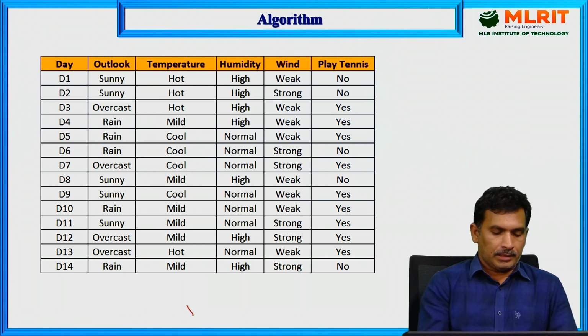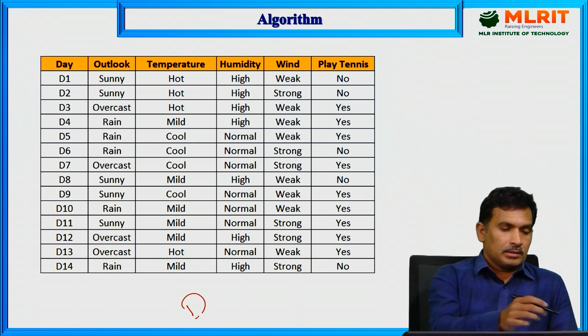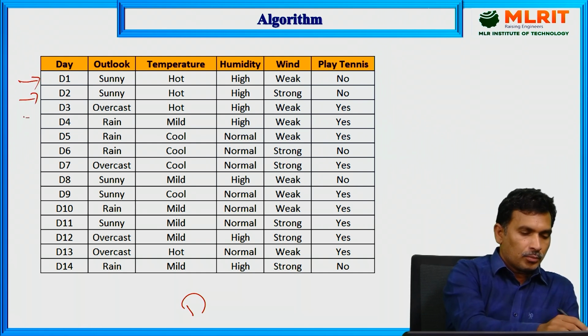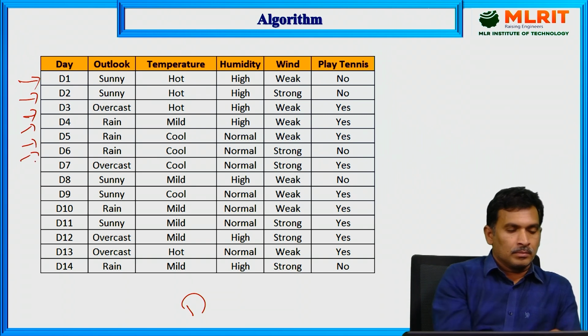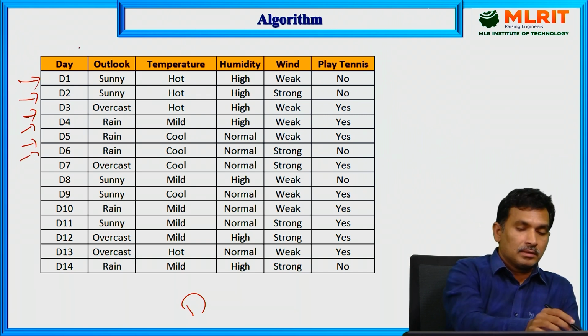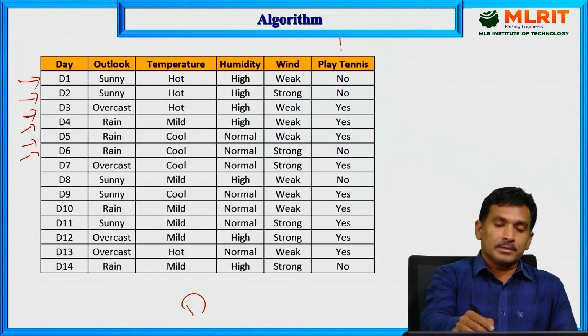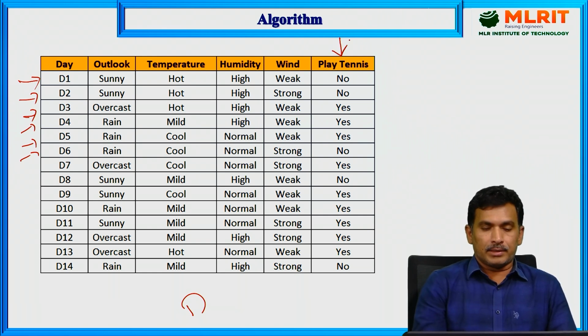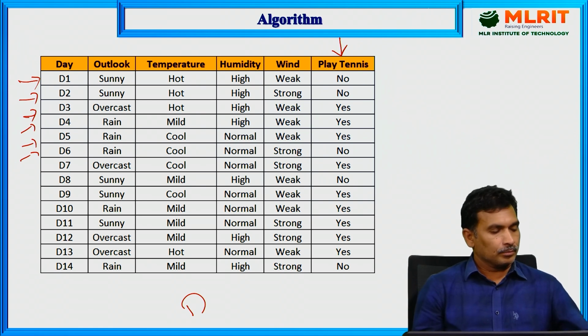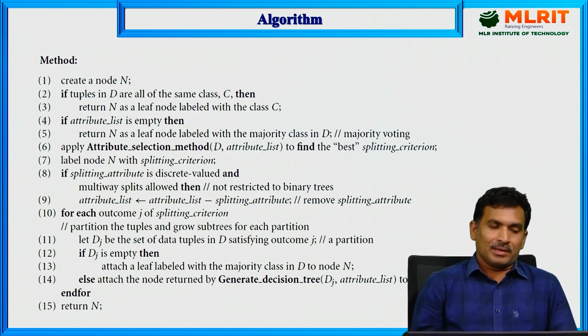This is a data set with observations or samples, and these are the features: day, outlook, temperature, humidity, wind, and then the class label, play tennis, yes or no. There are only two outcomes, so we could say there are two classes, no and yes.